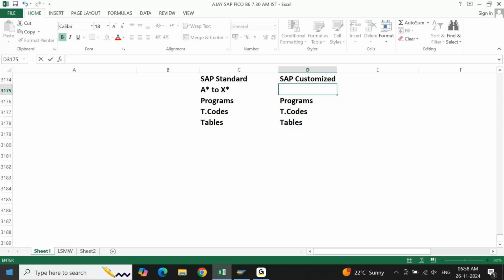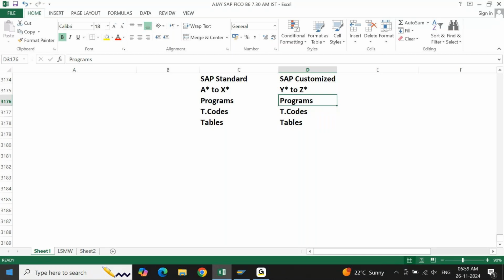So whenever you're talking about custom SAP, when there is a gap, or when there is a customization, your program or your T code, your table will begin either from Y star, in short Y series, or Z series. So it will be easy for anybody to understand if there is any customization in any program, in any T code, in any table, by looking at this Y and Z starting letter. Clarity will come.